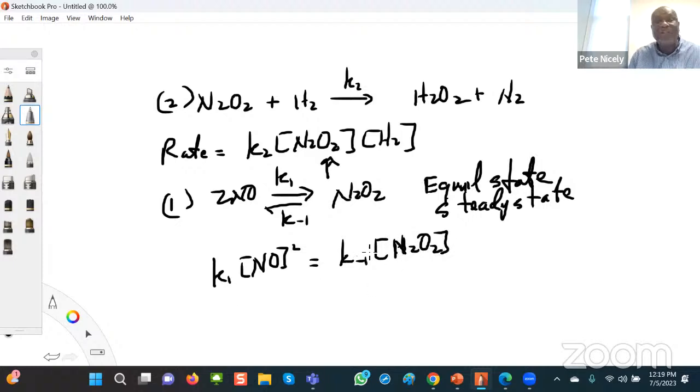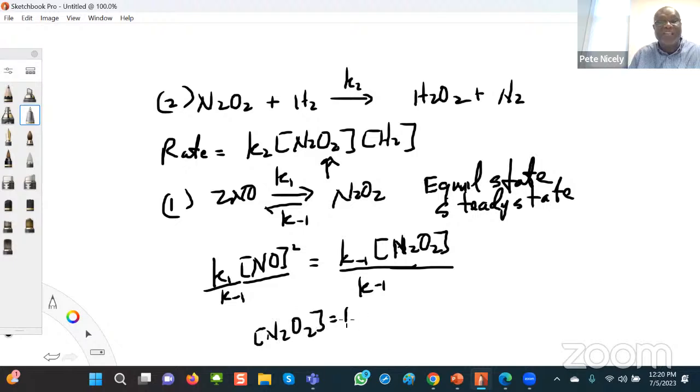So we can express this intermediate in terms of the reactant, right? All we have to do is divide both sides by K minus 1. And we're going to end up with the concentration of N2O2 is equal to K1 over K minus 1 times the concentration of NO squared.